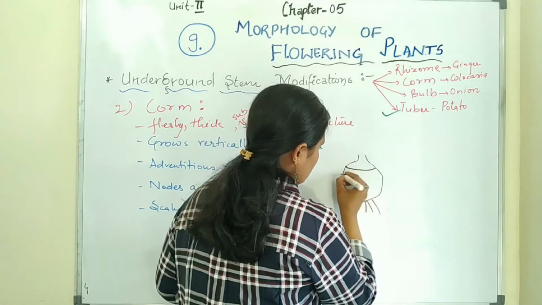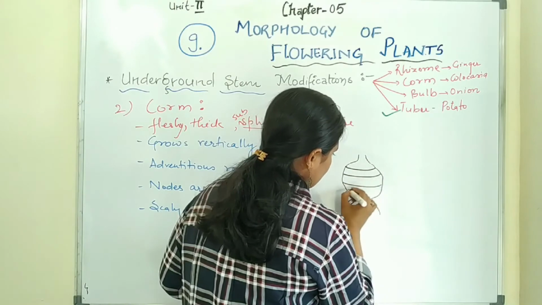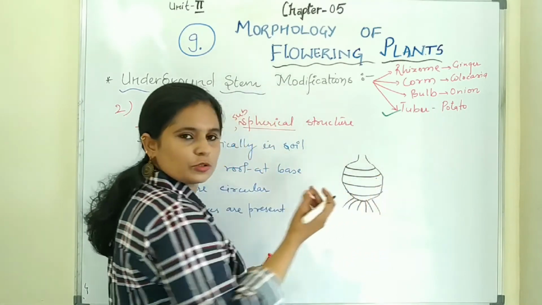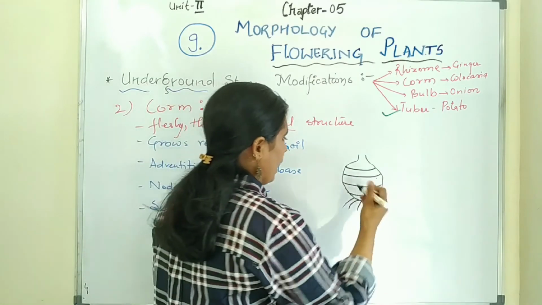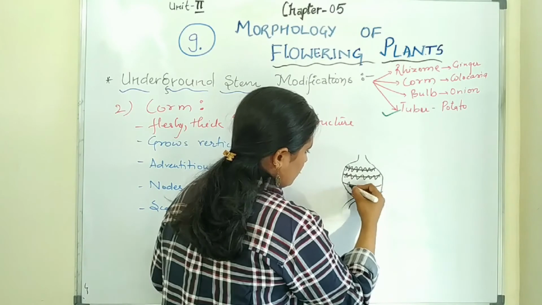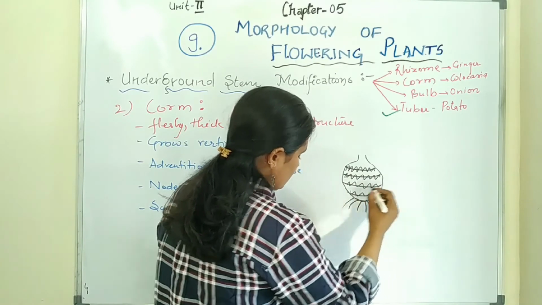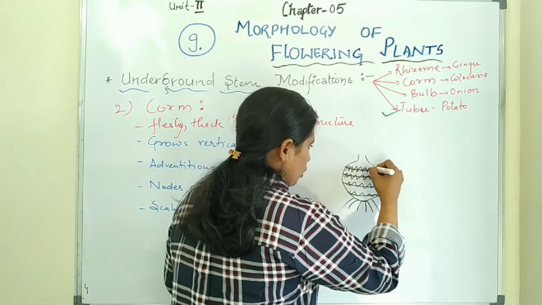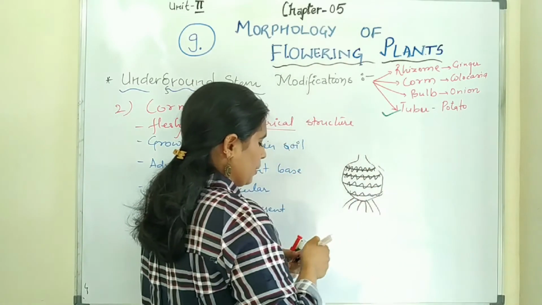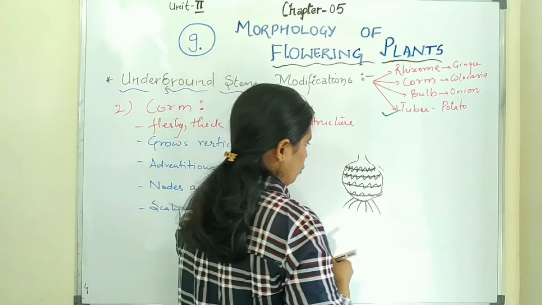They have circular nodes like this, and between two nodes you will see the internode is there and scaly leaf will be there. Scaly leaves are like this, and you will also find green leaves coming out from the nodes.